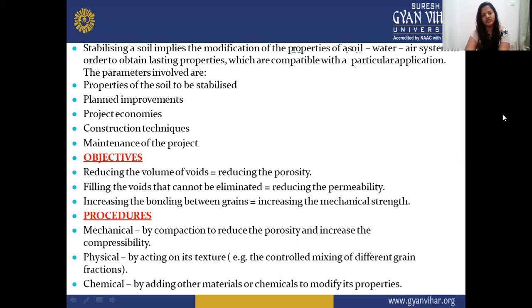And usually, it's a thumb rule to consider the property of the soil available at that site. If for a particular reason that soil is problematic and cannot be used for construction, that soil has to be replaced, because taking a soil sample, stabilizing it, and then again not getting the appropriate result will be a waste of money and time.